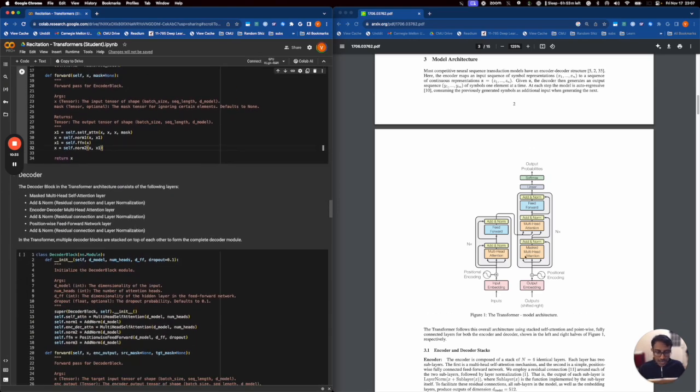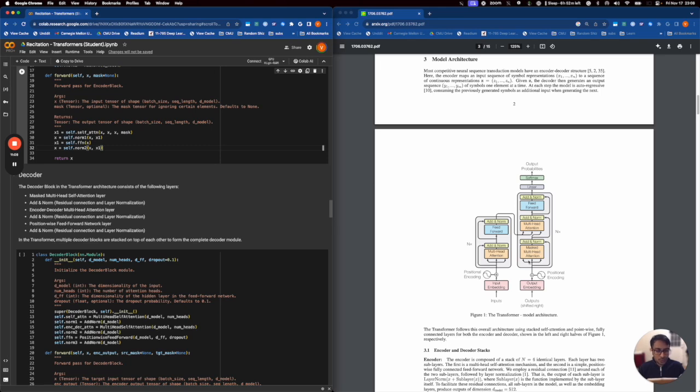The decoder block, again, has a masked multi-head attention. So why do we want a masked multi-head attention framework? We want it because we want the decoder to not be able to get a sense of the future values. To make it somewhat intuitive, you don't want the decoder to have access to the entire sequence when you're doing teacher forcing.